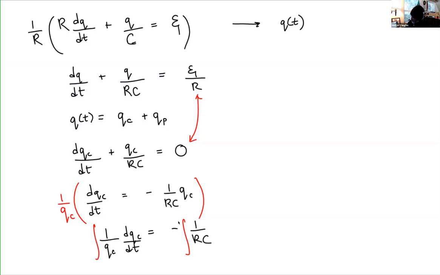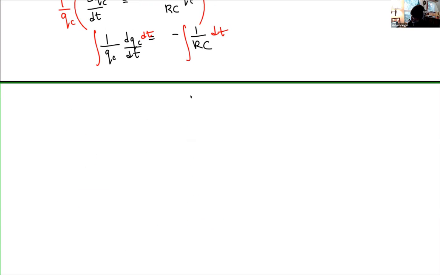I'm going to integrate both sides with respect to time. When we integrate both sides with respect to time, the left side becomes the integral of 1 over Q dQ, and the right side becomes the integral of 1 over RC dt.